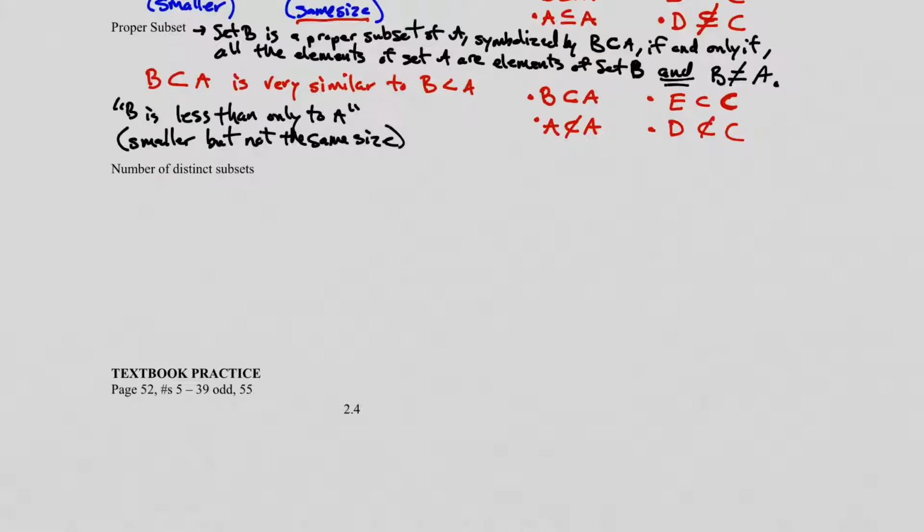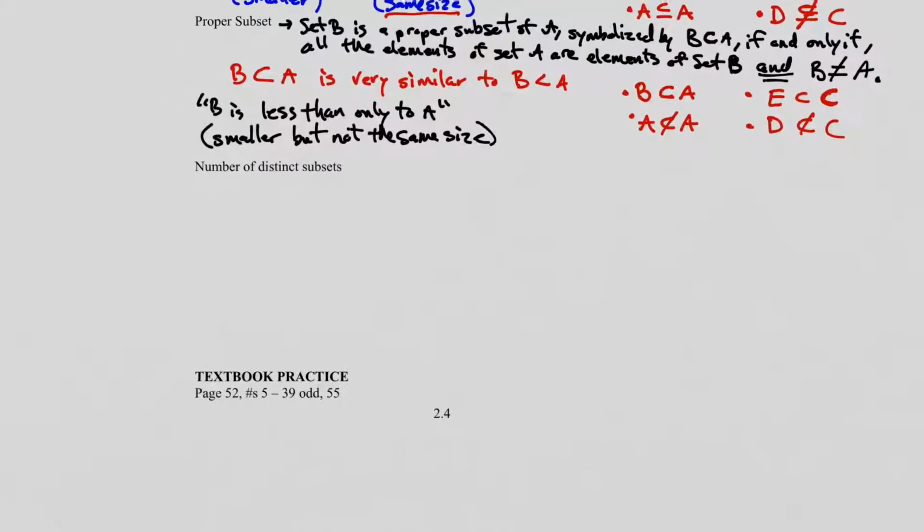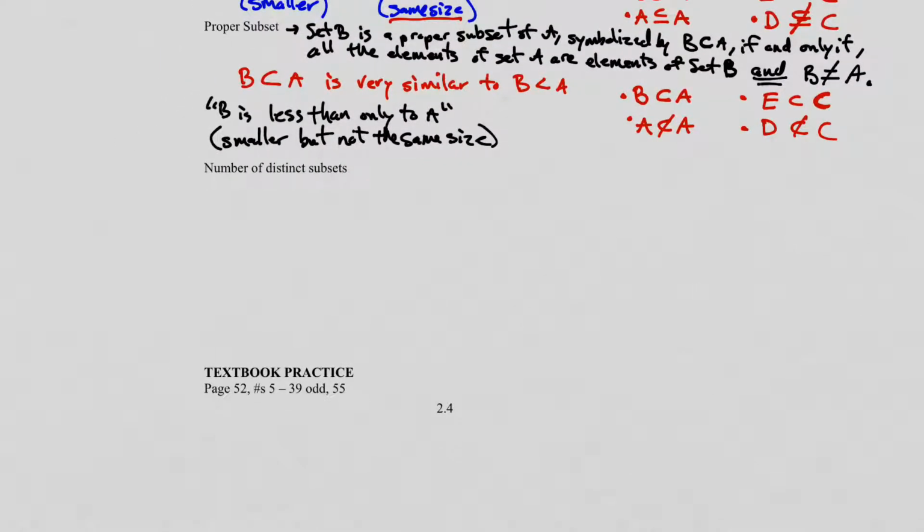So let's see here. All right, so let's take a look at what's going on here. So we have the first subset that it mentioned, the smallest set that you can possibly have, is the empty set, okay? It's basically a set with nothing in it, okay?